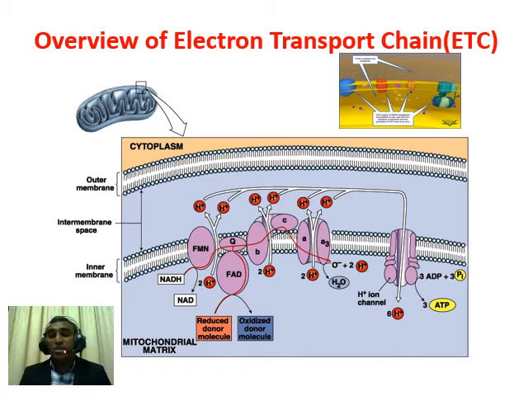It's the same as previous slides, except here you have the complexes shown in a much more detailed manner. You have the FMN, FAD, cytochrome Q, cytochrome B, C, all the content of the complexes.